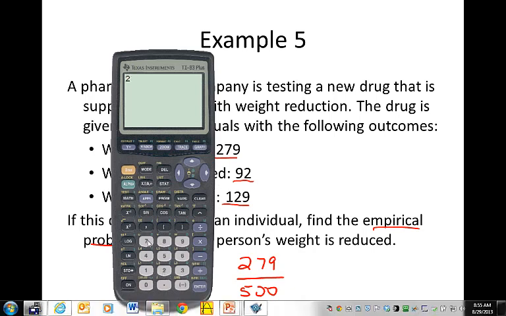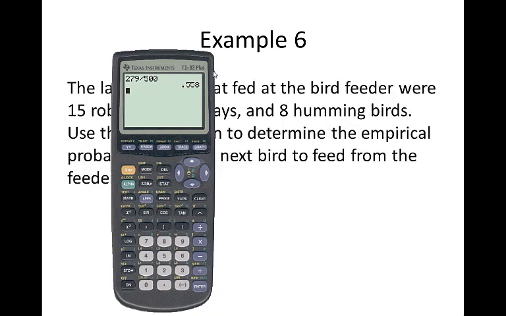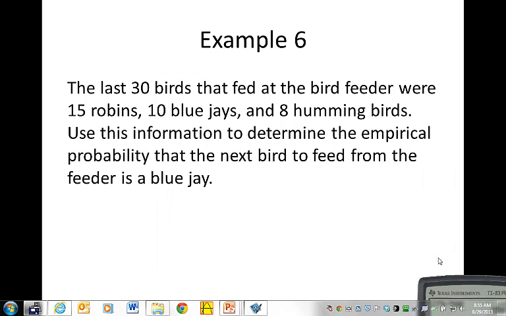So 279 divided by 500, about 0.558. You could say 55.8% if you wanted to write it as a percent. Okay, let's move this calculator down.